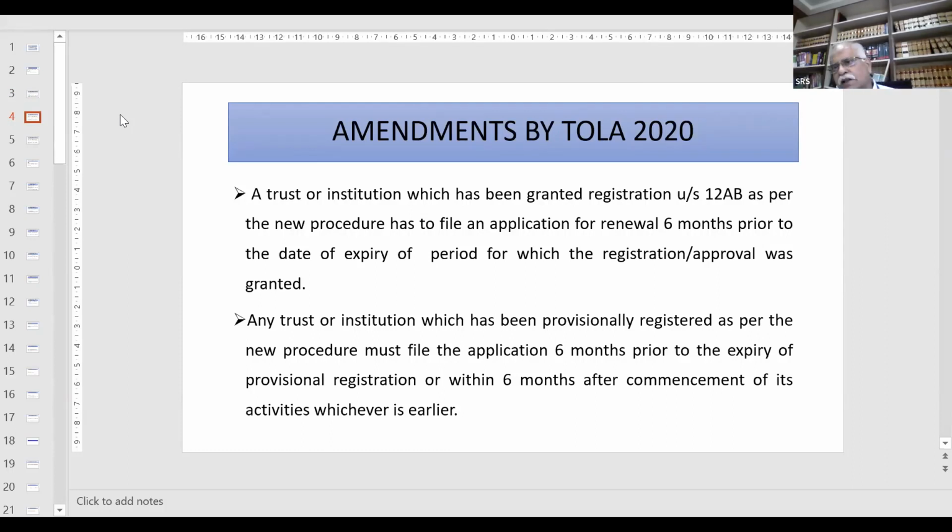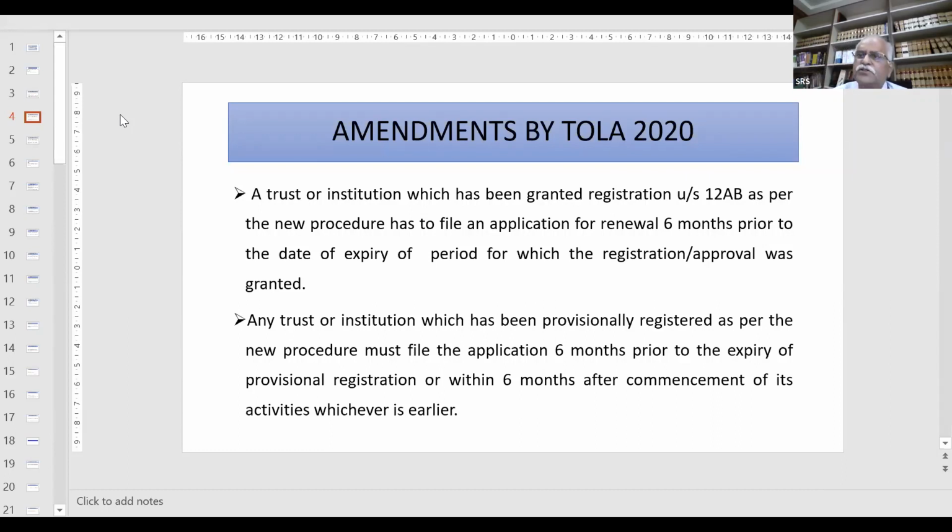That means, unlike the present regime, where a registration under section 12A is during the lifetime of the trust, under the new regime, the registration will be effective only for a period of 5 years, as we will see later, in the case of a final registration, and 3 years in the case of provisional registration.